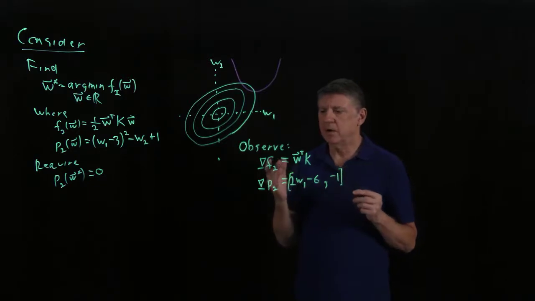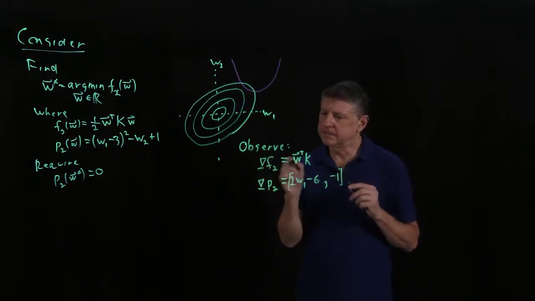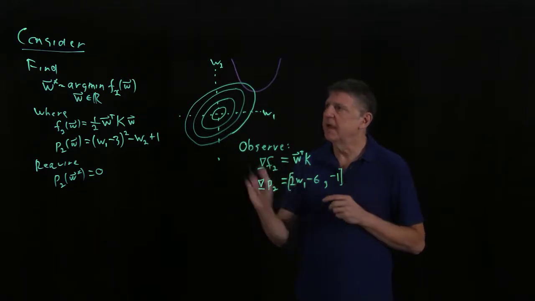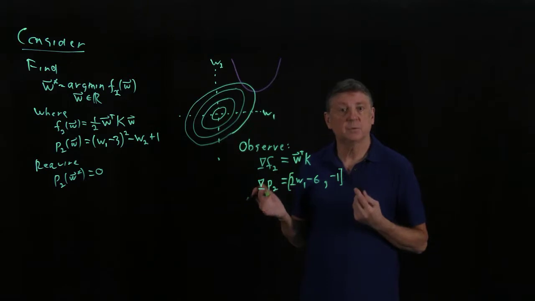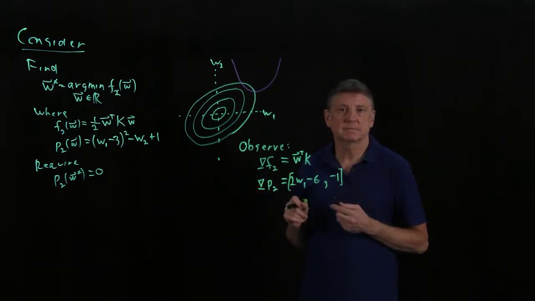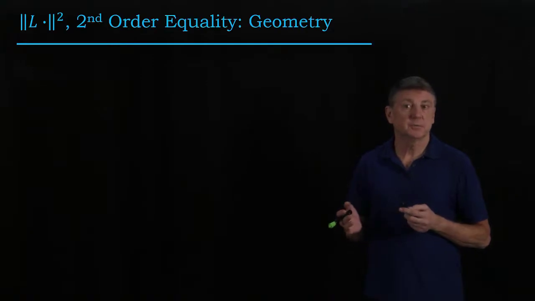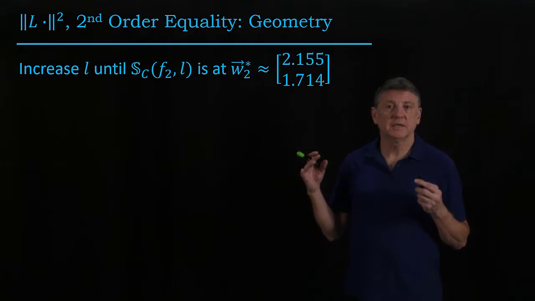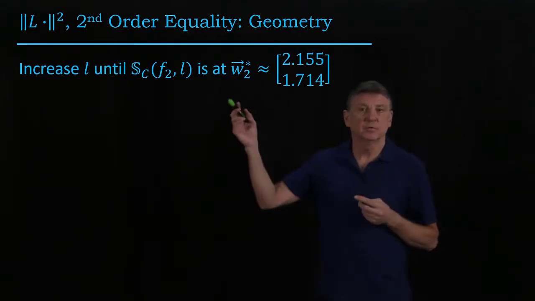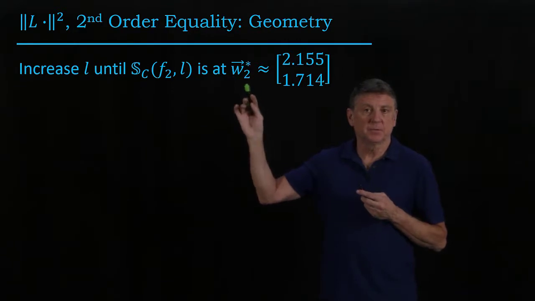So now we can write these down, but this is the algebra, and then this is the geometry. Let's take a look at what happens when we compute all of this. When we do our computations, what we'll see is that we can increase these levels until the level curve exactly satisfies the constraint property function.